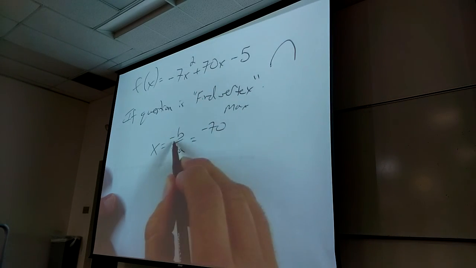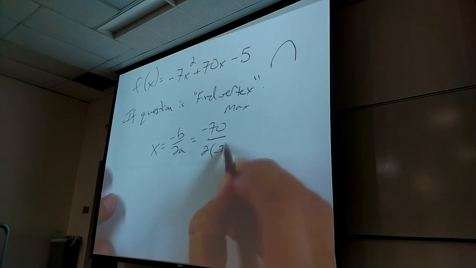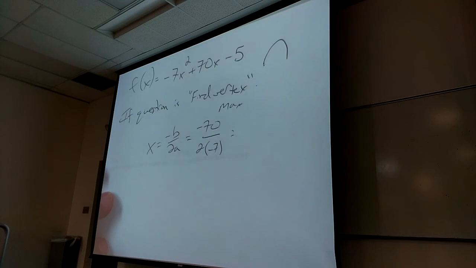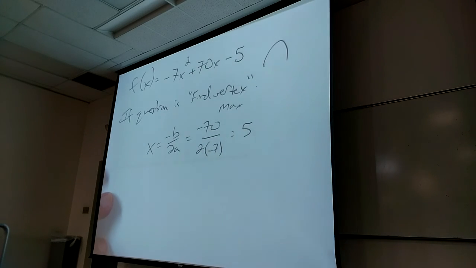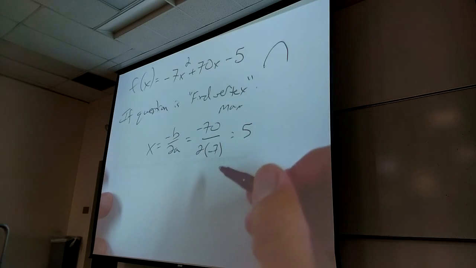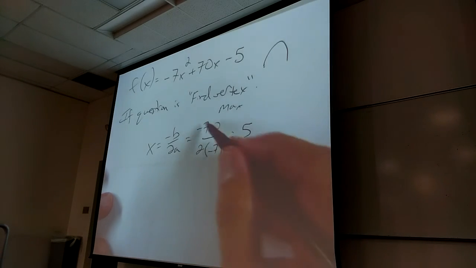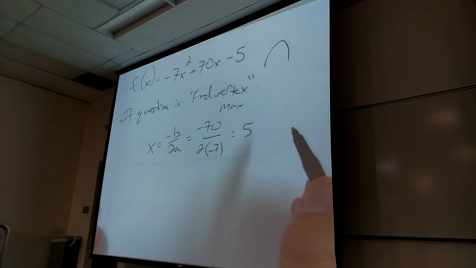So negative 70 over twice negative 7. 70 divided by 7 is 10. Divided by 2 is 5. And the negatives cancel, right? Or you can do 70 divided by 14. It's easier to do 70 divided by 7 than divided by 2. Is everybody cool with that so far?